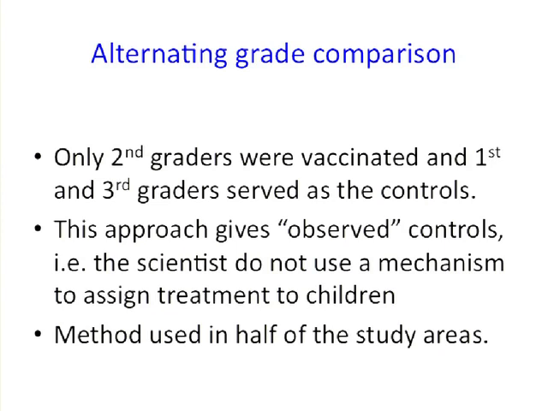And here's one of the designs, which was that only second graders would be vaccinated. And not all second graders, but only second graders whose parents consented. And then the first graders and the third graders would act as controls.